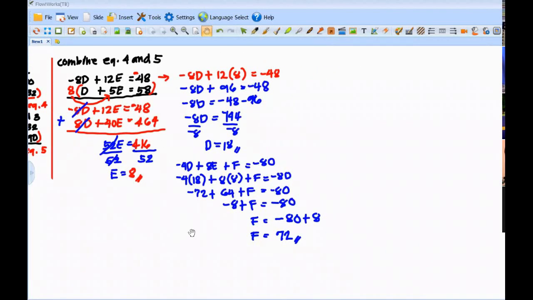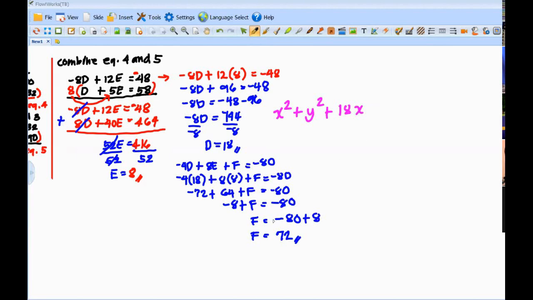Now let's write it in the general equation. What did we get for our E? Let us rewrite the equation now. We have the equation x squared plus y squared plus D is 18x. Sir, why is F not negative 72, sir?